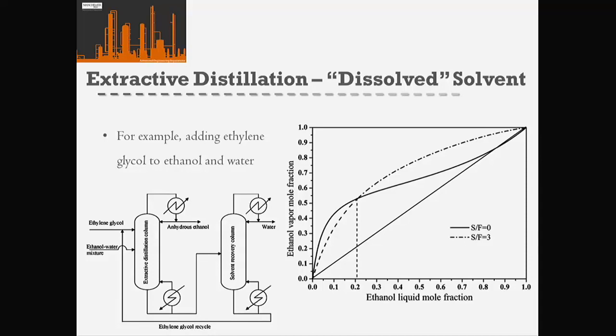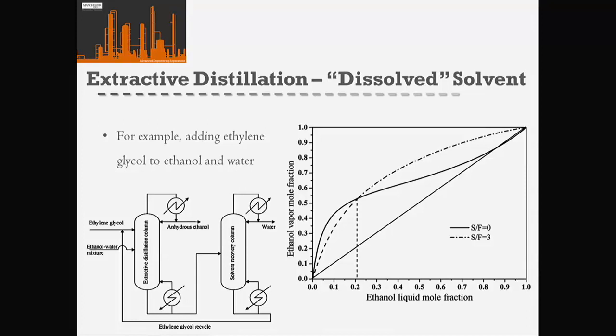So what we can do is take our distillation column, achieve our separation and get our ethanol as our top product, and then we can get water as our bottom product, but all the ethylene glycol essentially comes out with our bottom product.